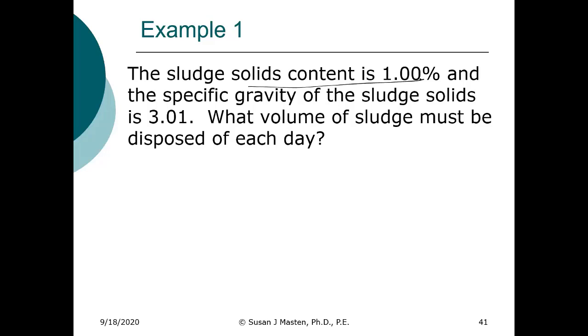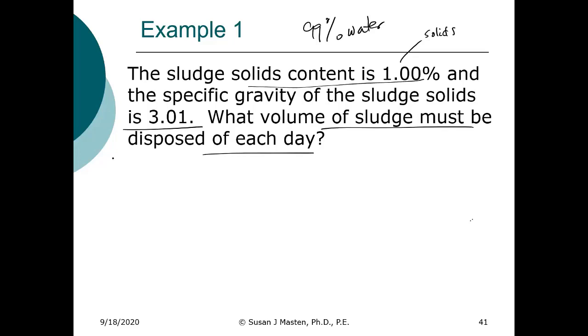That means the sludge you're producing is 99% water and 1% solids. Mostly water. The specific gravity of the sludge solids, of the actual solid particles themselves, is 3.01. And you're asked, what is the volume of sludge?